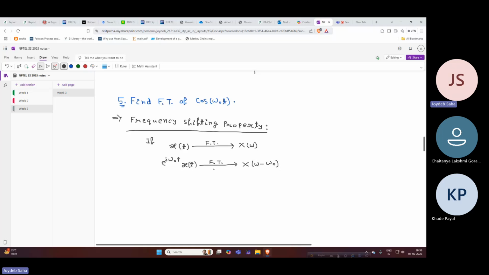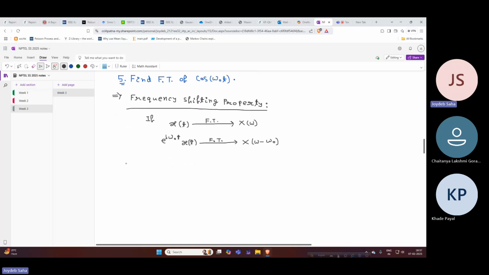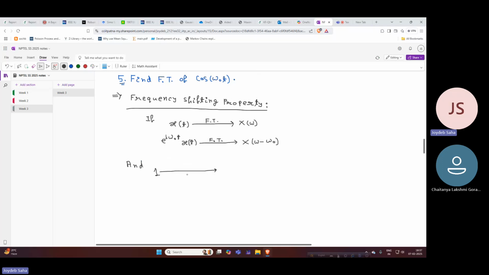This is the frequency shifting property. And one more thing you should know for solving this question: the Fourier transform of 1. You people try to solve this at your home.